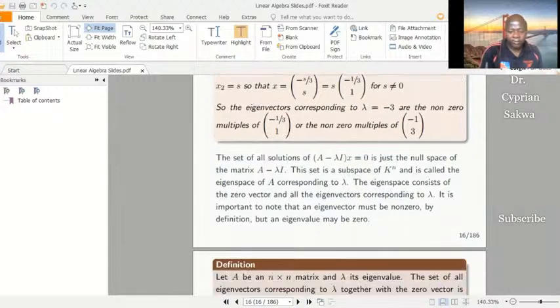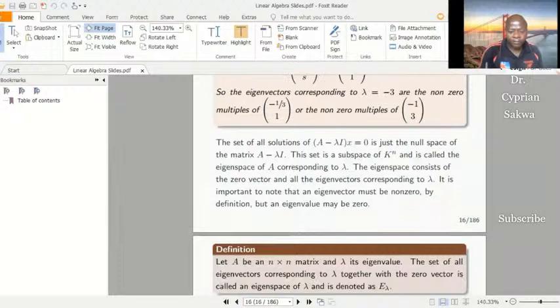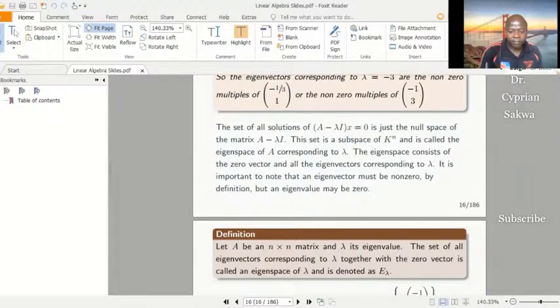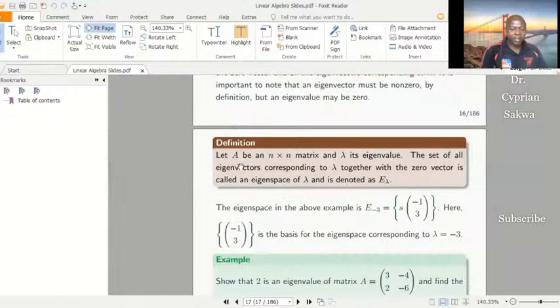I want to define the eigenspace. My definition says: let A be an n by n matrix and lambda an eigenvalue. Then the set of vectors corresponding to lambda, together with the 0 vector, will be called the eigenspace of lambda, and we shall denote it by E lambda.